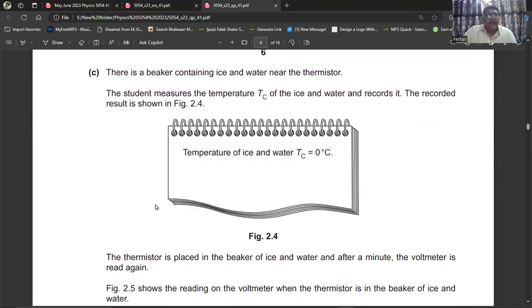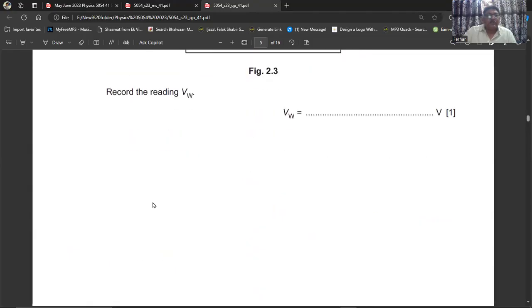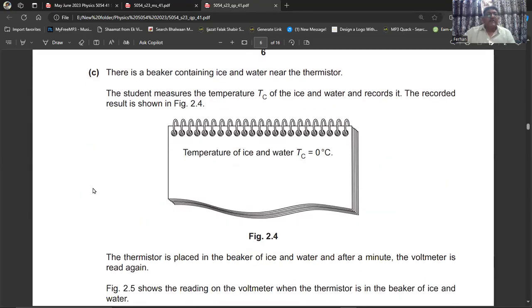Okay. Then we have the question number 2. There is a beaker containing ice and water near the thermistor. The student measures the temperature Tc of the ice and water and records it. The recorded result is shown in the figure 2.4. The temperature is 0 degrees centigrade.